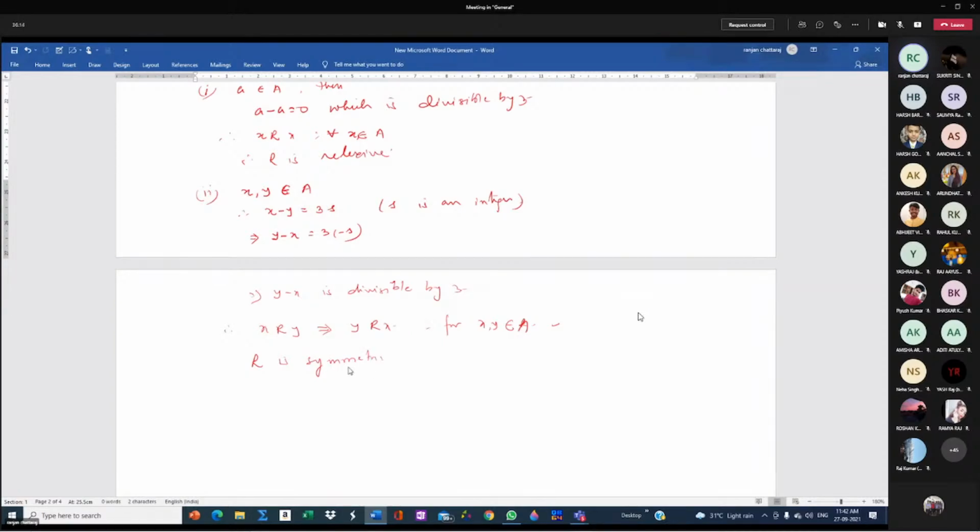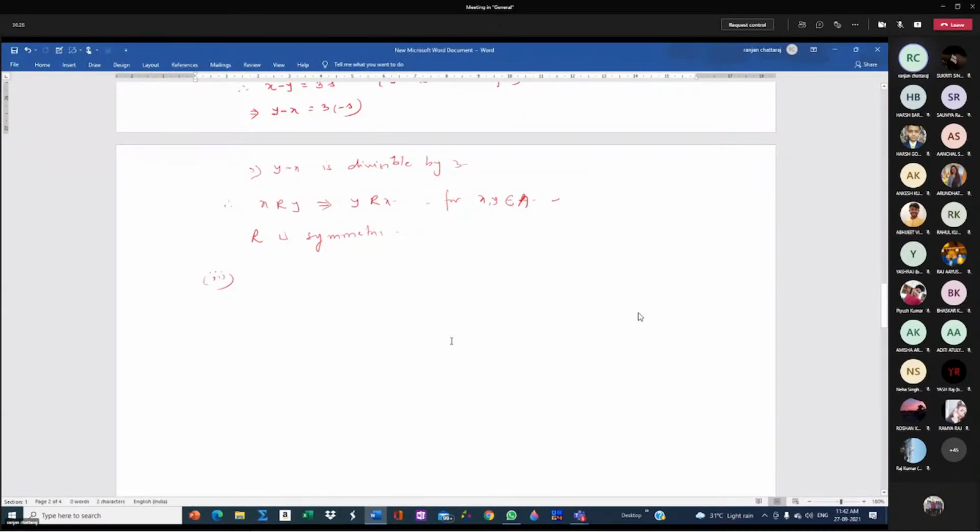Symmetric. Transitive. Is it transitive? Checking. x, y, z belongs to A, and then x is related to y.